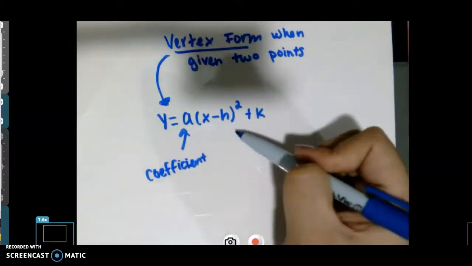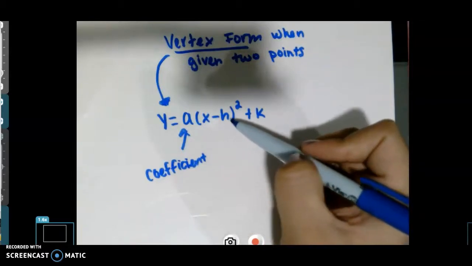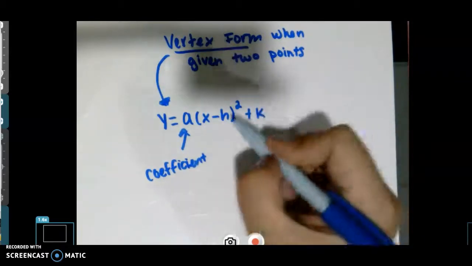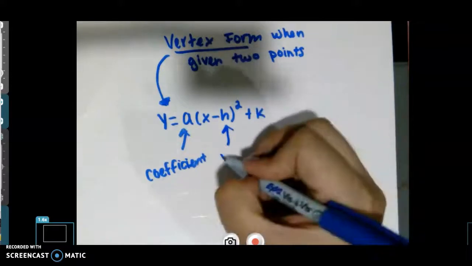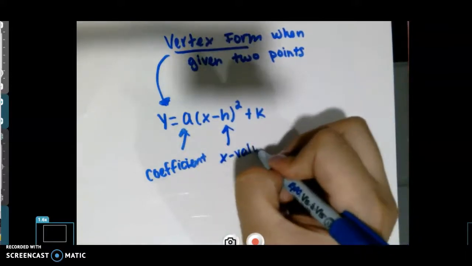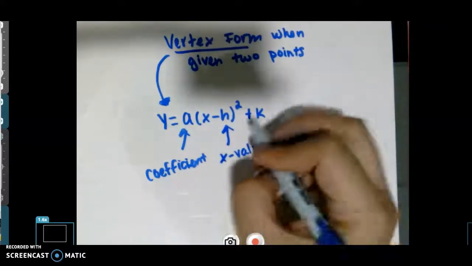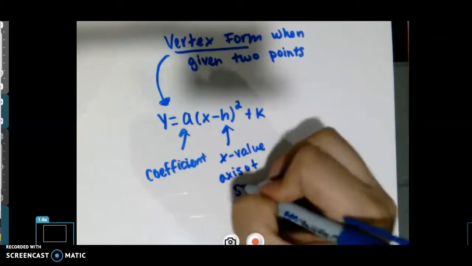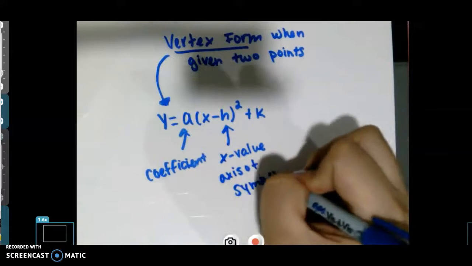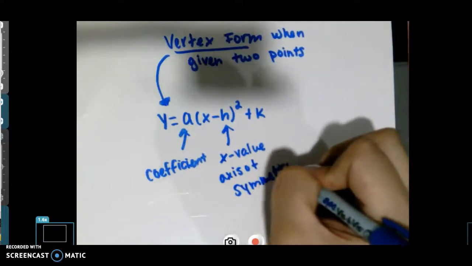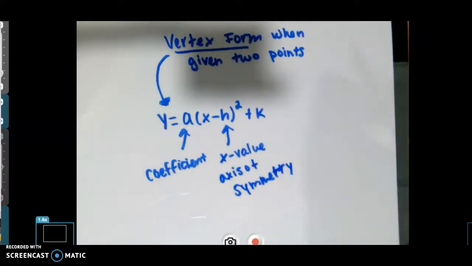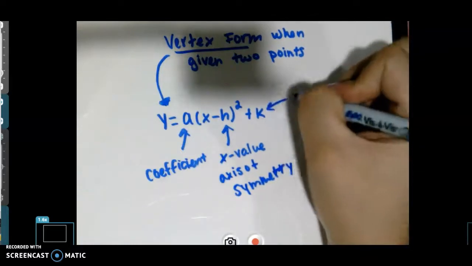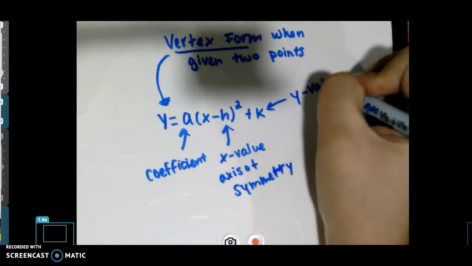Now, x minus h, okay, you know that this is part of the formula. We need to know that h is my x value, and it's also my axis of symmetry. My k value is my y value.